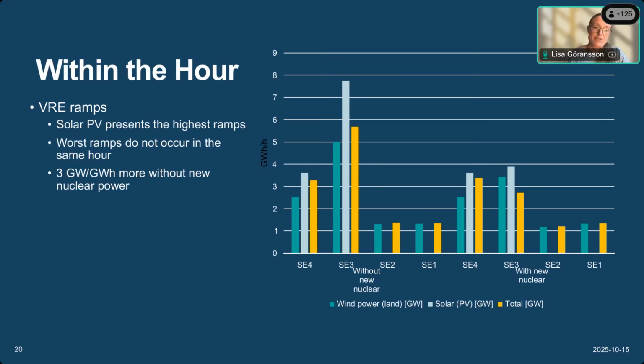Here we also count the possibility to use curtailed wind and solar to deal with some of these issues. We then get a total need for stationary batteries to deal with the inter-hourly variations. Still, it's a substantial need: 9 gigawatts in the case with new nuclear and 12 gigawatts in the case without new nuclear power.